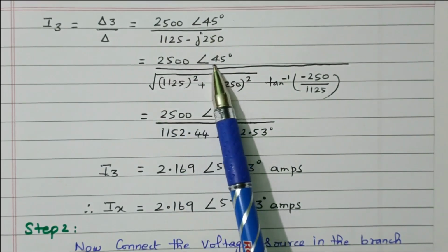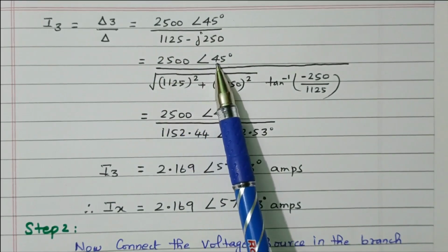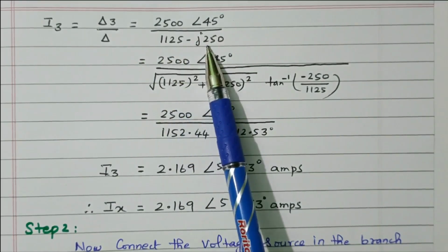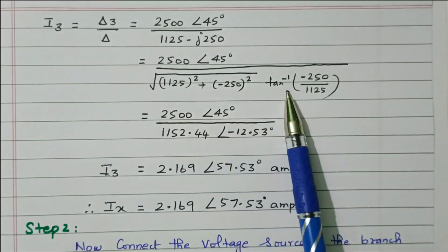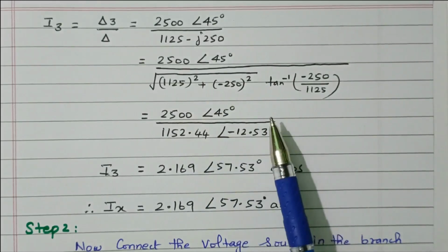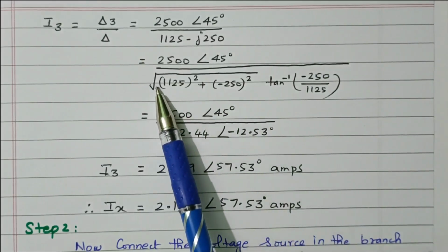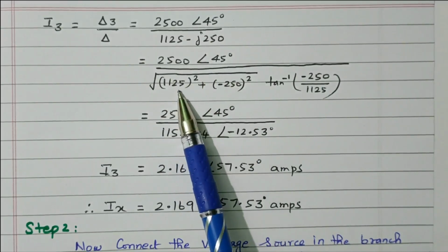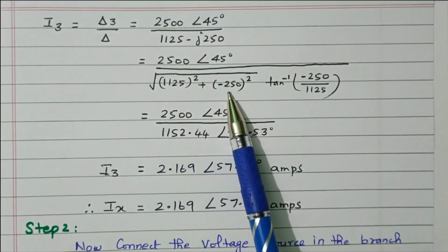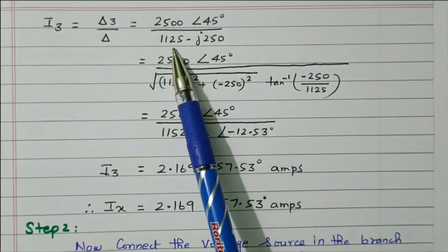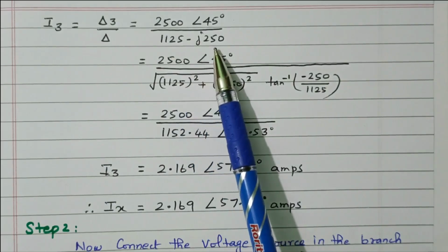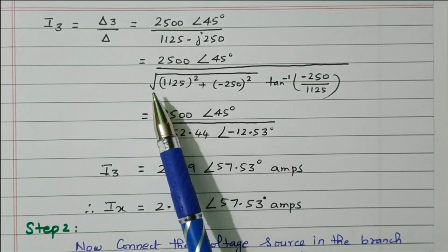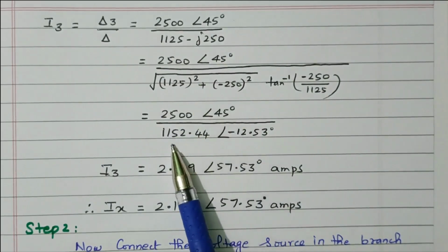This is already in polar form. Polar form means magnitude and angle. But delta is available in rectangular form. It should be converted into polar form, that is magnitude and angle. How to find the magnitude? Square root of 1125 square plus minus 250 square. We have to square this value and square this value, add, and take the square root. That will give the magnitude.